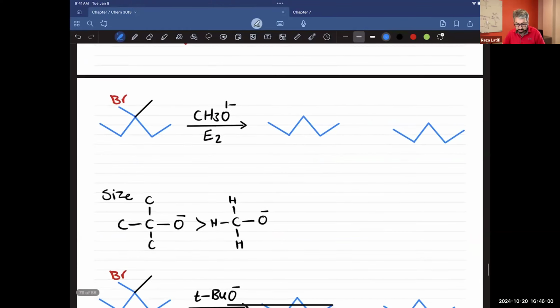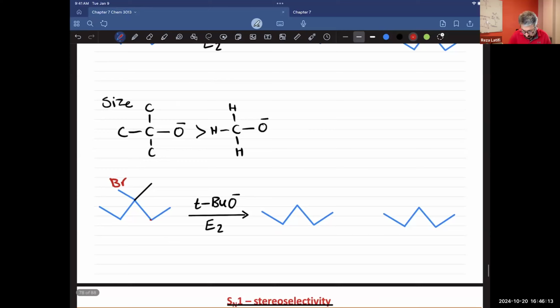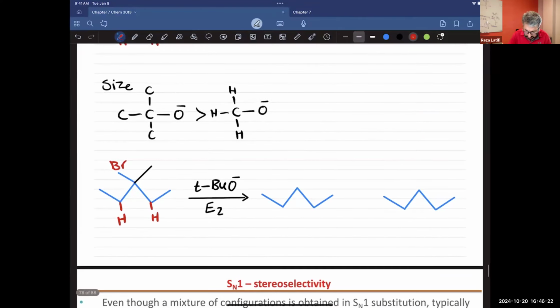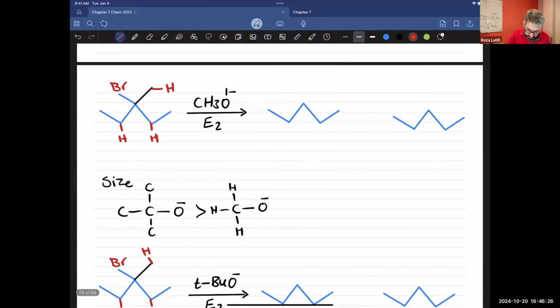Okay, let's go through E2. I want to just remind you how E2 works. In E2, you have a base. Your base is a really strong base, and that base might go after, for example, this hydrogen, or it might go after one of those two hydrogens. If we go after this one, the product we will get will be like this.